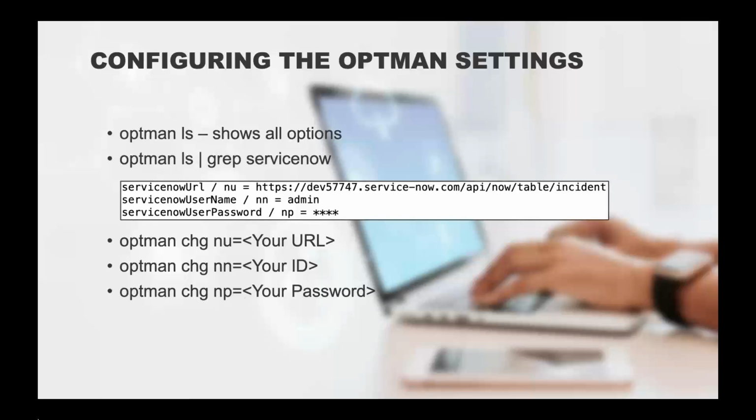Once that's set, the password is obfuscated, so no one can actually see it. And then that's your default connection to ServiceNow. So anything that uses the mechanism for creating an incident within ServiceNow will use those 3 pieces of information. So that's set globally within your environment.